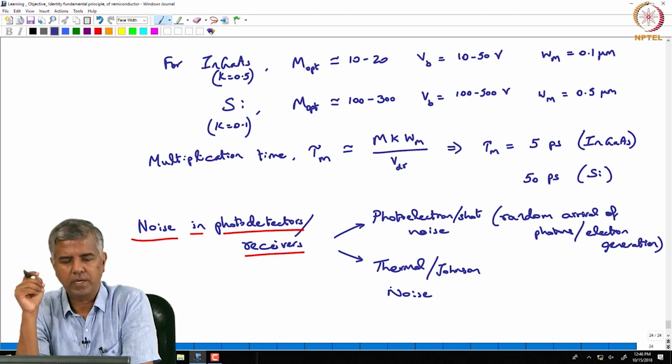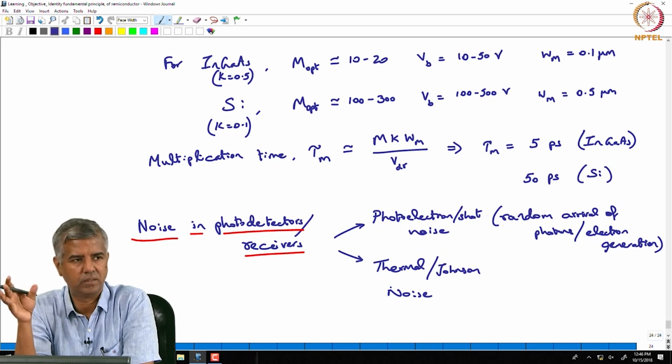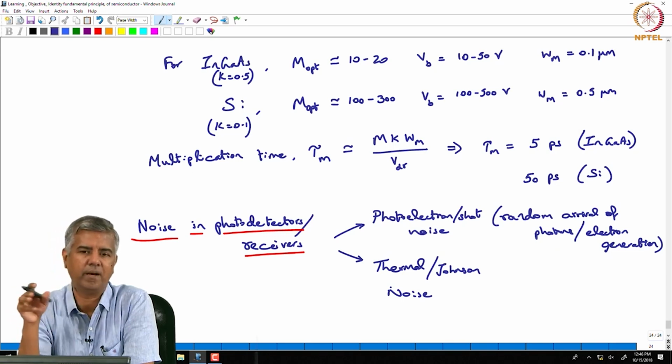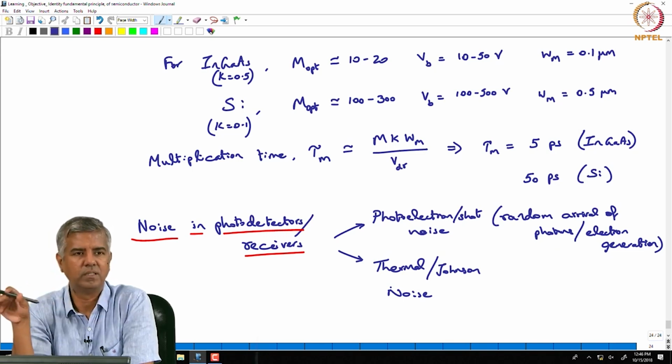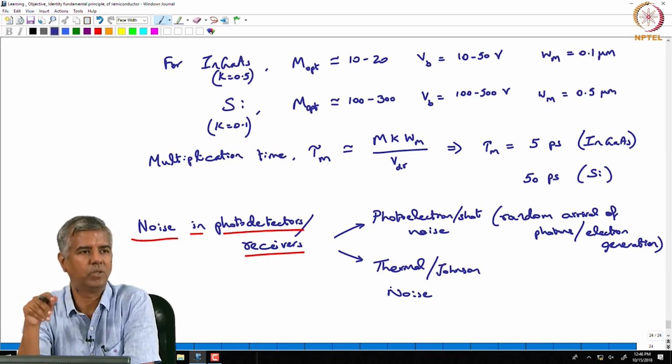Thermal noise happens whenever you send a photocurrent through a resistor, for example. That resistor has a particular value, and on the average it allows this much current to pass through, or a certain rate of electrons going through.